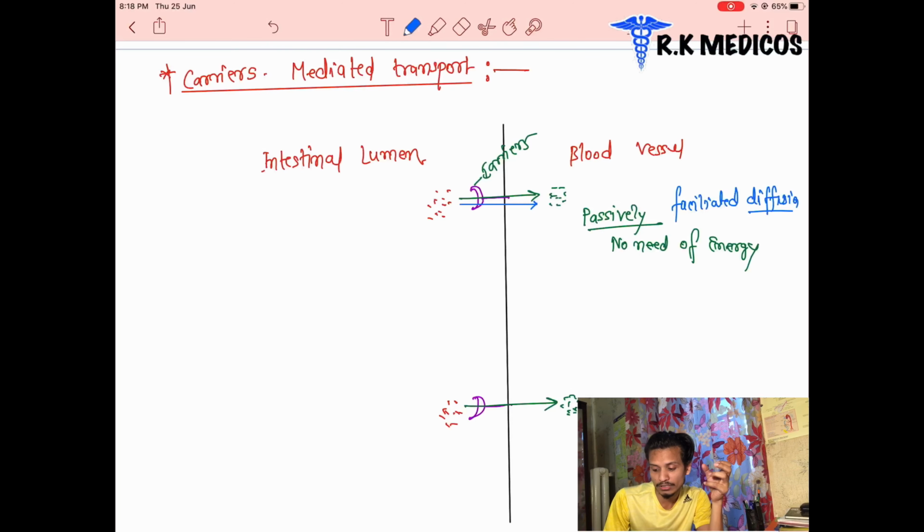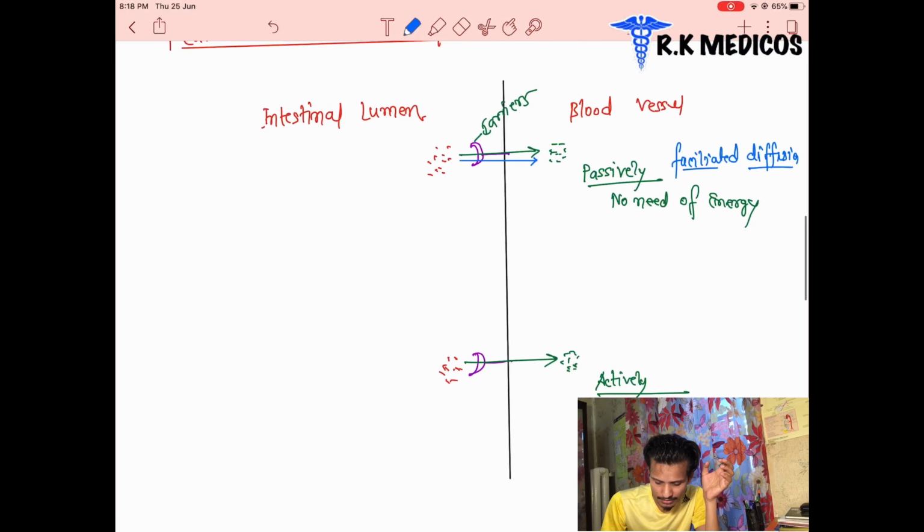Diffusion means along the concentration gradient. Facilitated diffusion means they are moving along the concentration gradient. One more thing, is ATP required or not? Yes, ATP is required, which means energy is required.